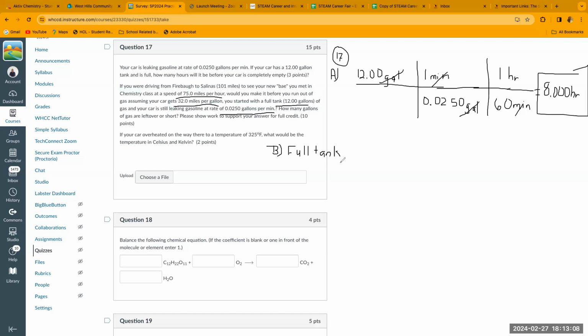So we're going to subtract the amount by driving. That's right. We have a leak as well. So we're going to subtract driving because we're losing gas as we drive. We're just going to put drive, and then we're also going to subtract our leak.